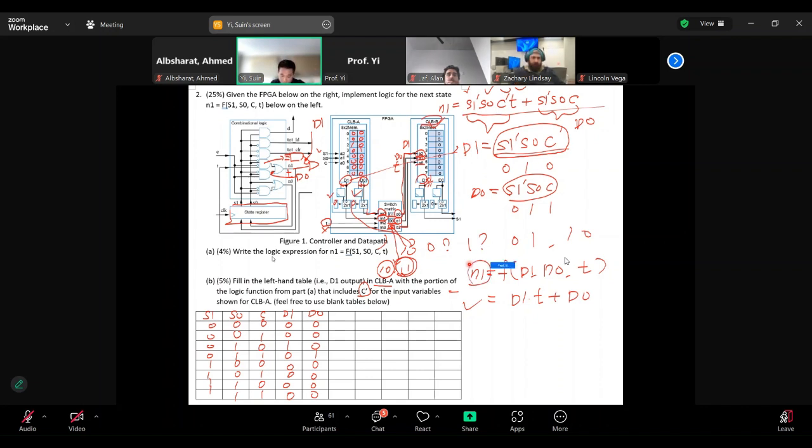Now you need to make sure D1 comes first, D0 is next, and T is the very last variable. So let me write down D1, D0, T again and make a truth table as usual. Now, what we need to have is whether D1 is 1, T is 1.